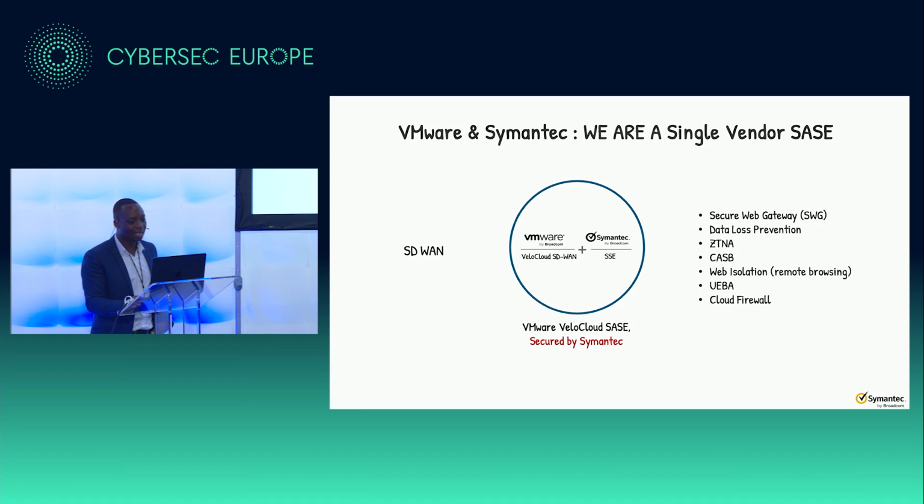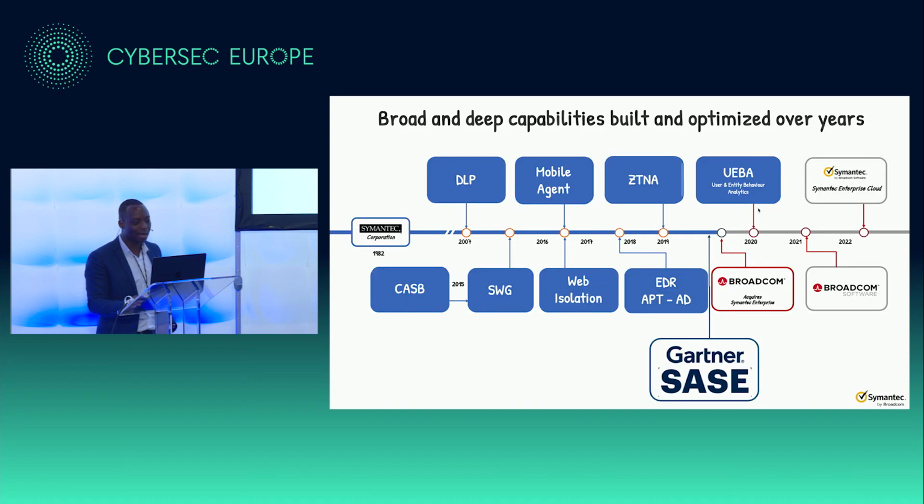But let's go very quickly back to before Gartner talked about SASE. Gartner talked about SASE at the end of 2019, almost. And before even Gartner came up with this new name called SASE, we at Symantec already had most of the components which are part of the SASE framework. We talk about the secure web gateway, we had it before. The CASB, we also have it.